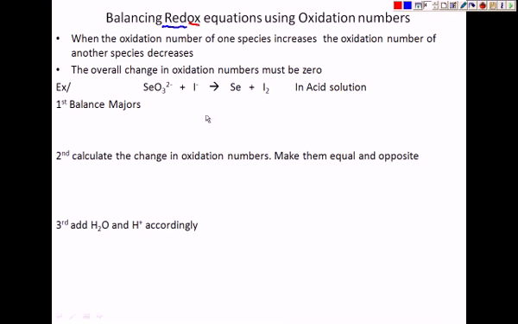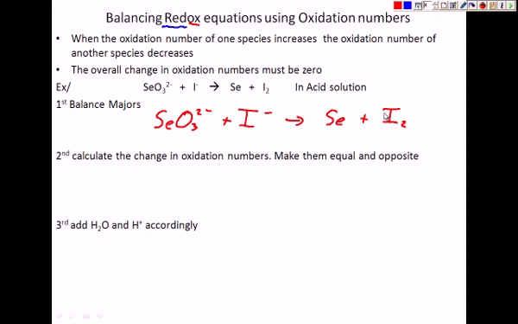So, first step in balancing this one using changes in oxidation number is to balance the majors. Okay, so I'm going to rewrite this reaction. SeO3 2 minus plus I minus makes Se plus I2. So what we see here is that Se and Se are the same, so no balancing required.